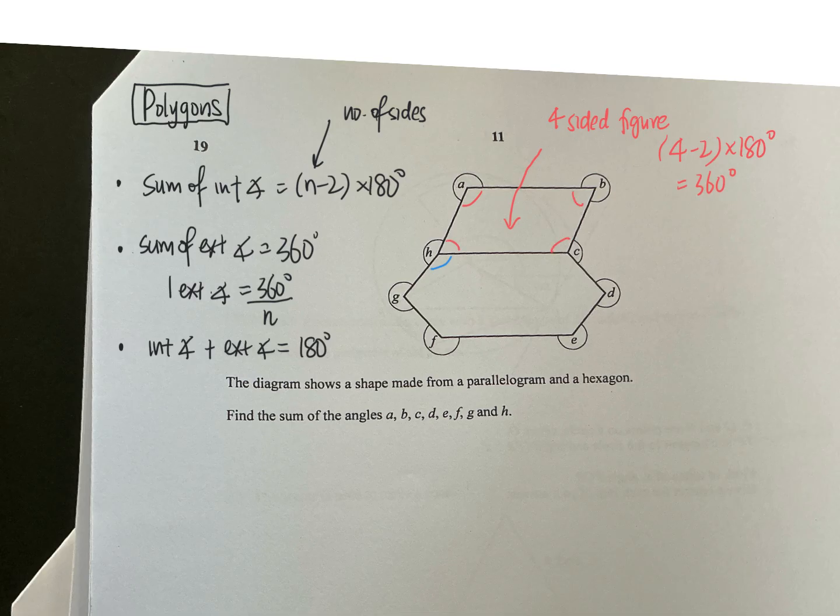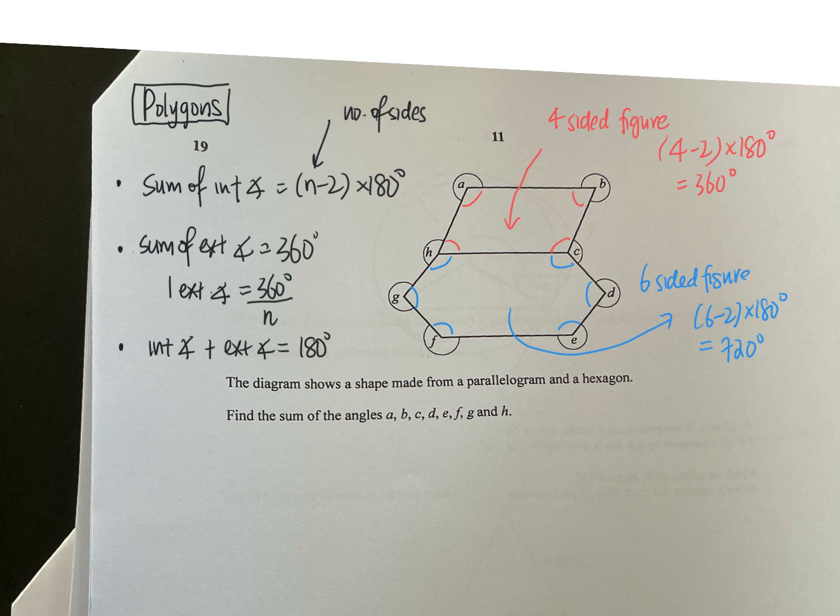Okay, next one. This is a hexagon because it is 6-sided. So the total interior angle is 6 minus 2 times 180. So you get 720. So these 6 blue angles sum up to 720.